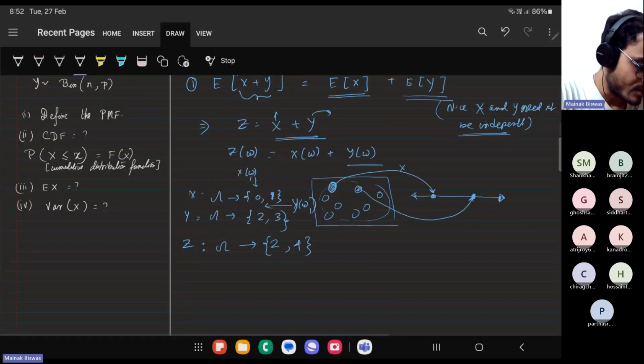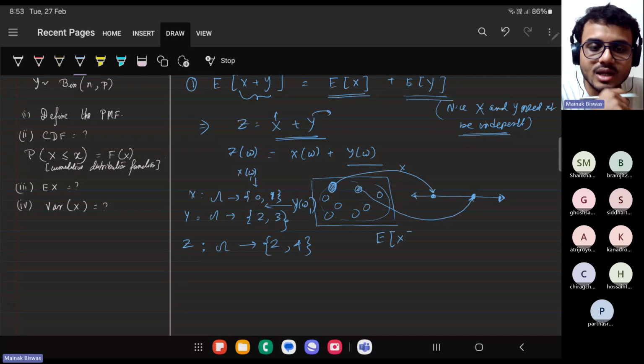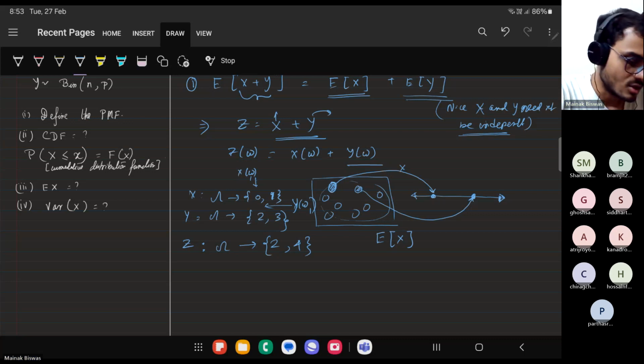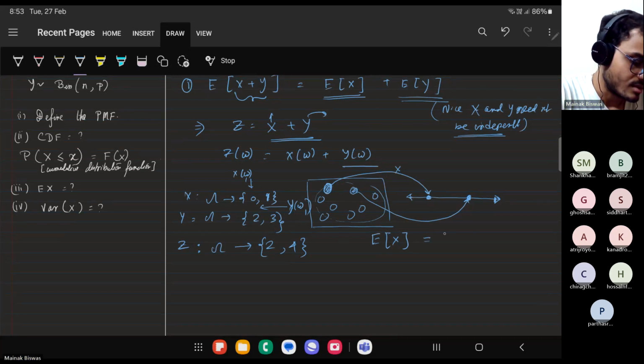So what is the expected value of X if you take the probability of success to be P? Even if I take dependent variables, you will see it is true in this case. So it will be P times 0 plus 1 minus P times 1. Do you agree this will be 1 minus P?